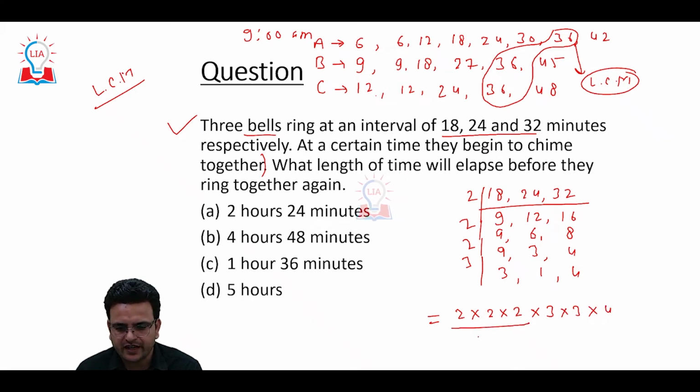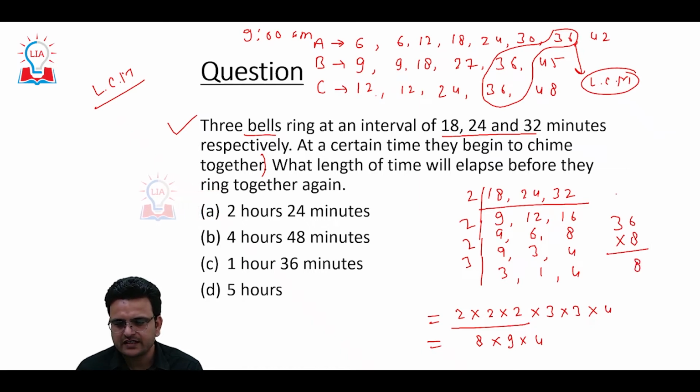So it will be like 8 into 9 into 4, okay, and then 9 times 4 is 36, into 8: 8 times 6 is 48, 4 carry, 8 times 3 is 24 and 4 is 28.